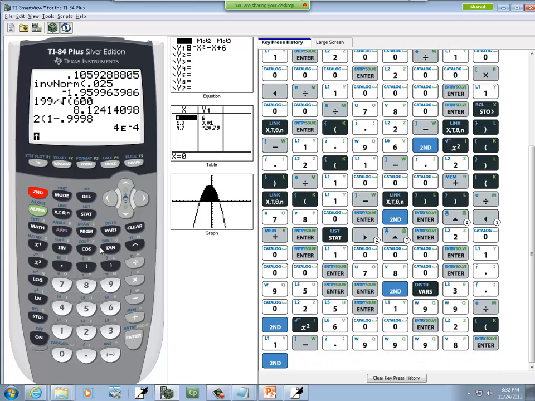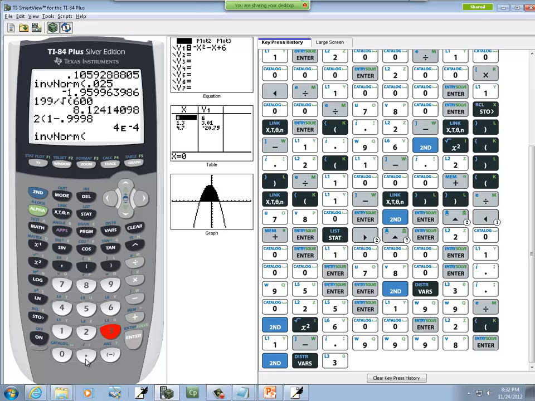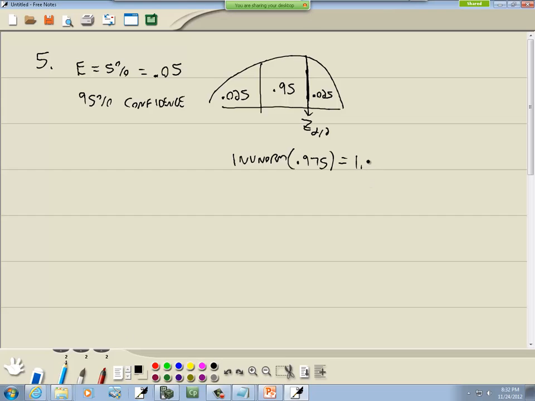So do second vars, INV norm, 0.975. Then we get 1.96. So that's what Z alpha divided by 2 is. Now if I was using the tables, doing it completely by hand, I'd still look up the area to the left, which is 0.975.